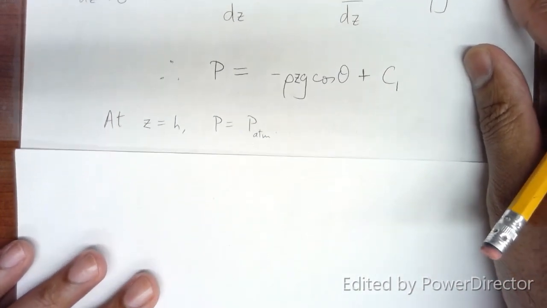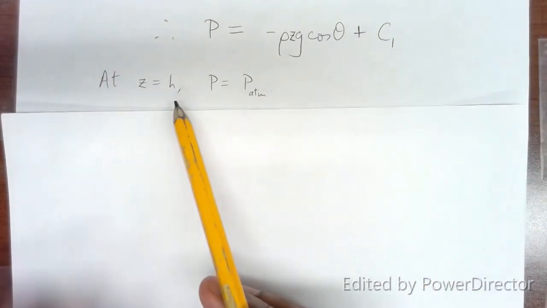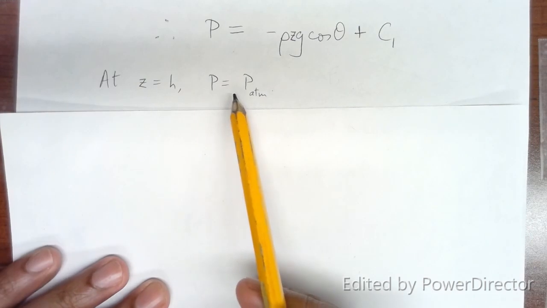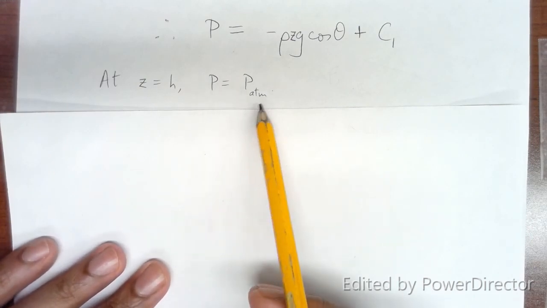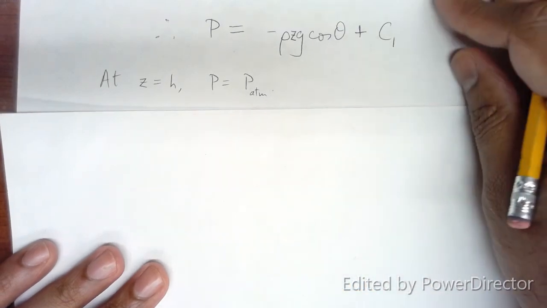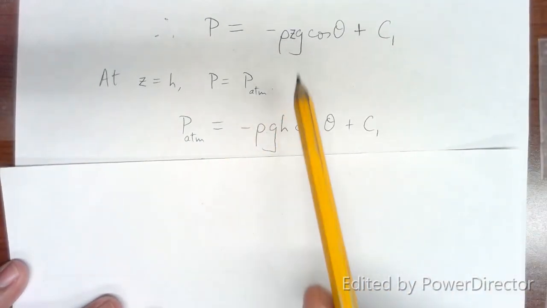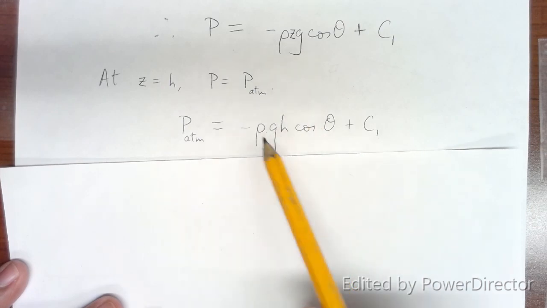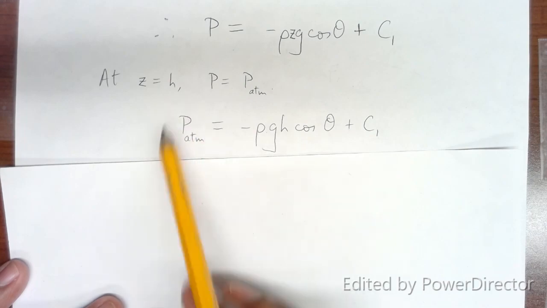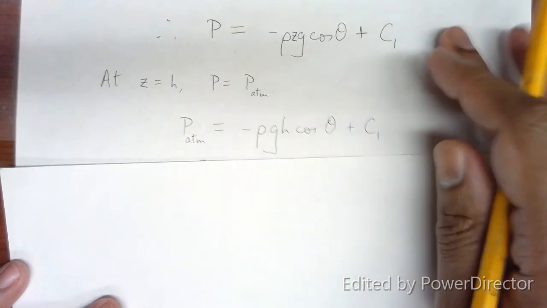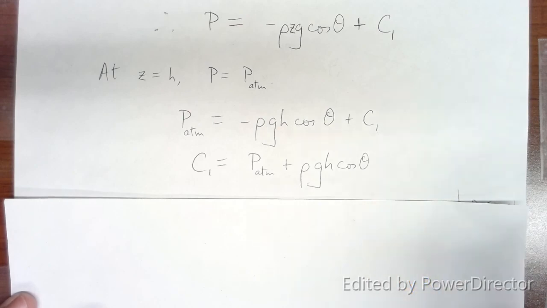So we notice that when we are at the top surface, when z is equal to h, then we're at the top of the river, and so the pressure is just equal to the atmospheric pressure. So when z is equal to h, we have minus rho g h cosine theta plus c1, but this must be equal to p atmosphere. And so c1 is just equal to p atmosphere plus rho g h cosine theta.